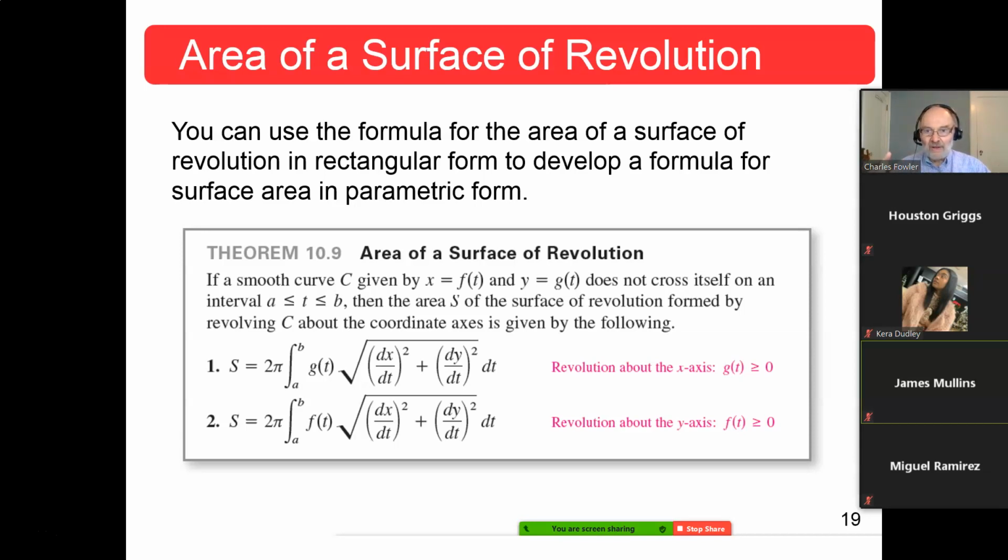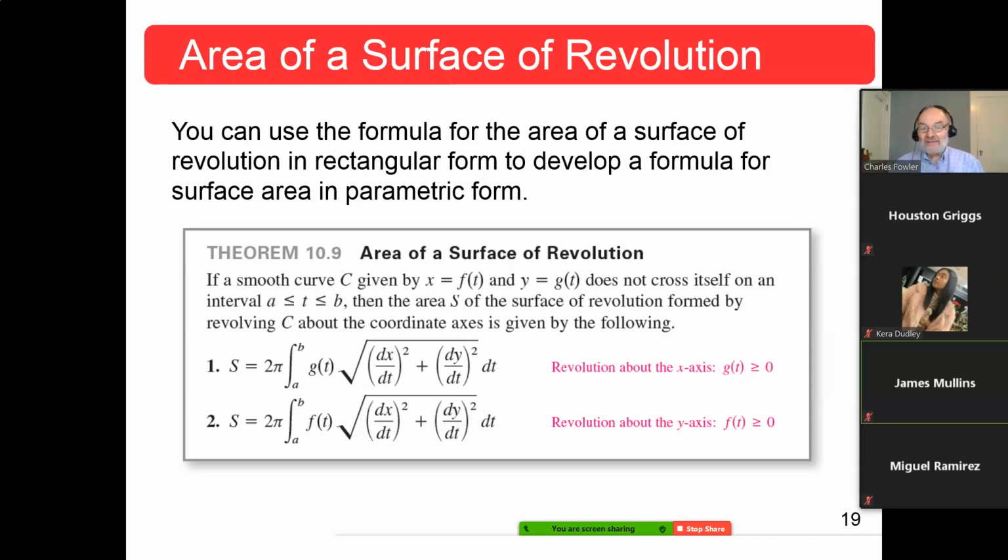Now, if you recall, basically what you have is an arc length, just like we were just doing, whatever that formula is, which basically looks just like this part right here. Okay? Now, that's an arc length, and a surface of revolution is then going to be take that arc length and go all the way around whatever axis you're doing.